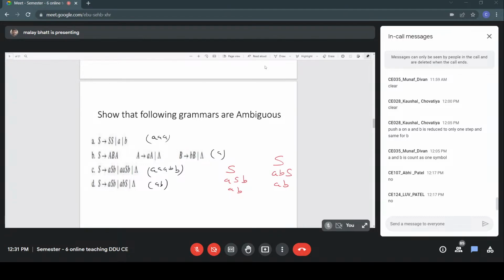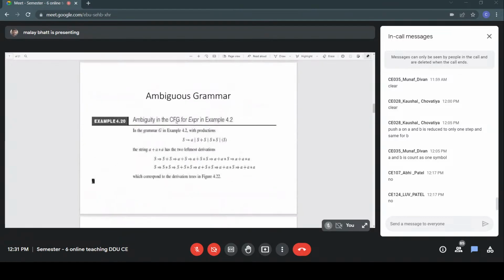This example is the same, but instead of E, here we use S. S gives A, S gives S plus S, S gives S into S, and S gives S within parentheses. So it is the same as the previous one, and we are not discussing it again. Only one more alternative is given, to handle a parenthesized expression.